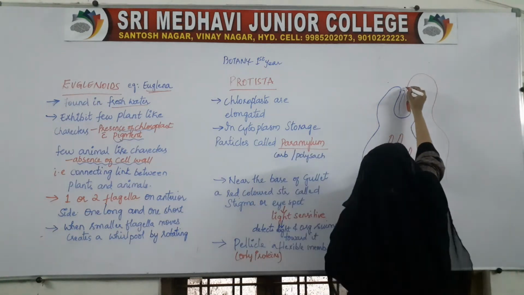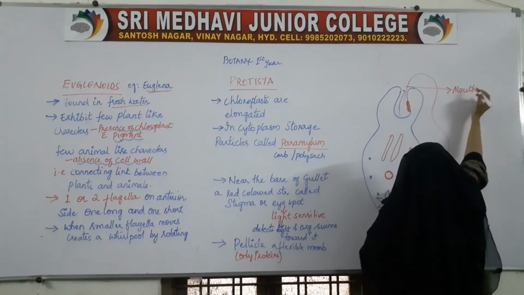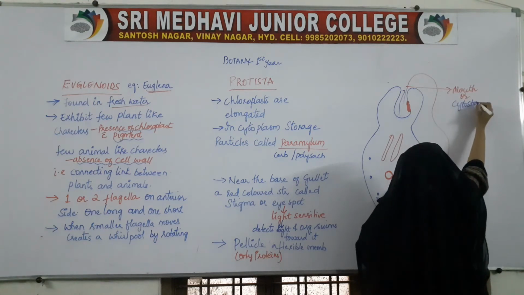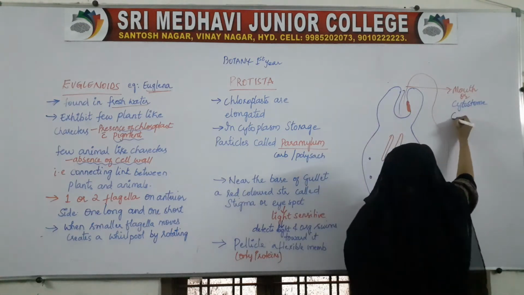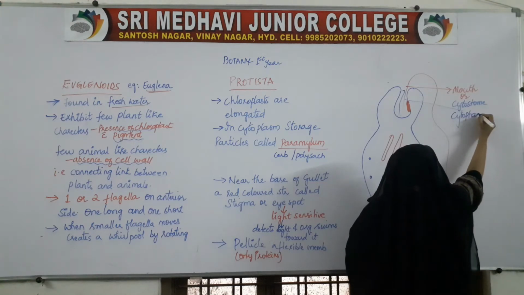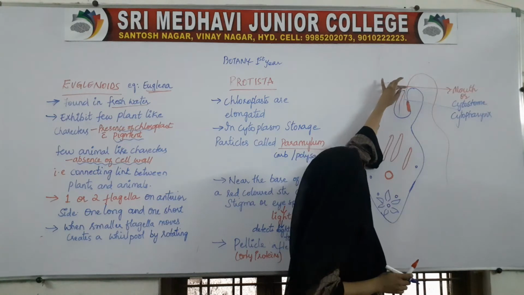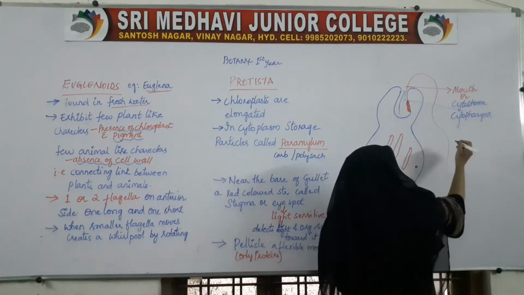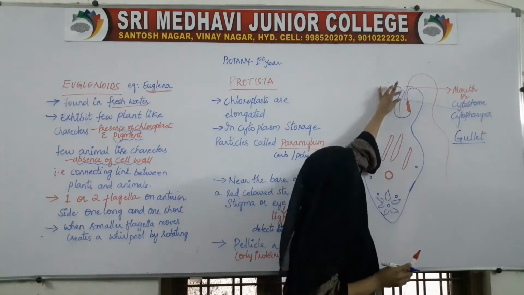This is the mouth or cytostome. This passage is called the cytopharynx, and together we call it the gullet.